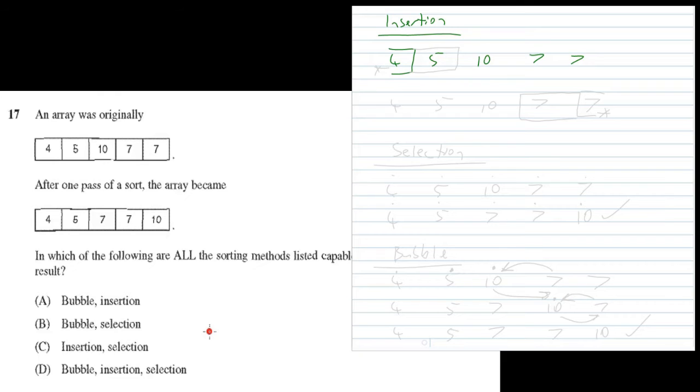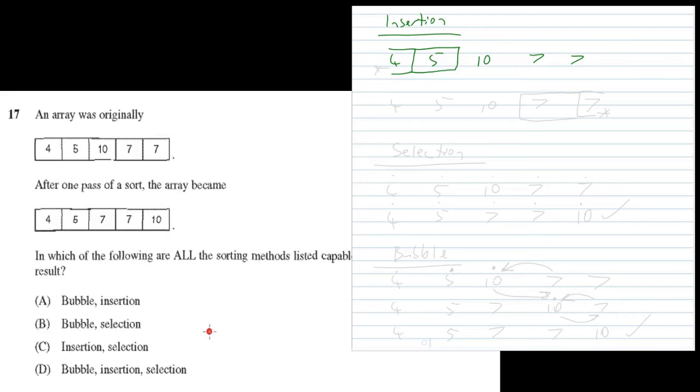That's one pass of the insertion sort. Now obviously 4 is smaller than 5, so we don't actually need to move it. So our now sorted list after one pass includes 4, 5, and 10, 7, 7. So one pass of insertion sort doesn't actually change it.